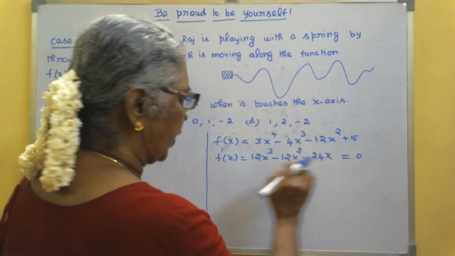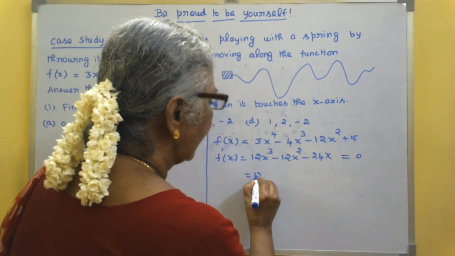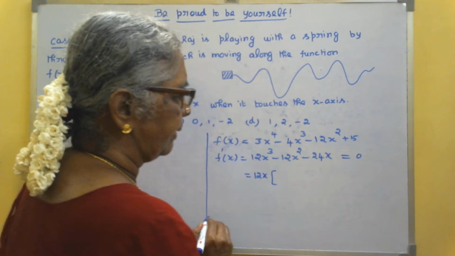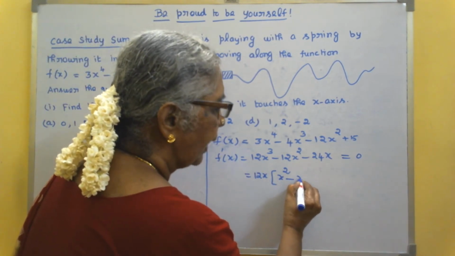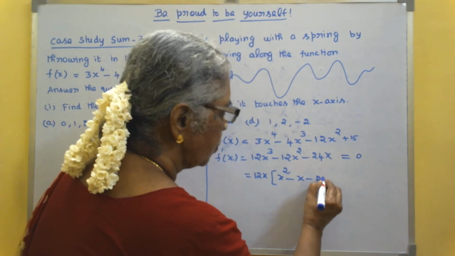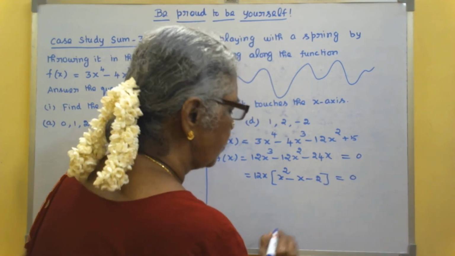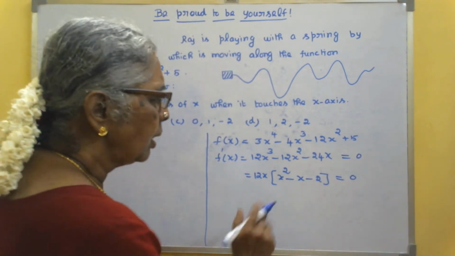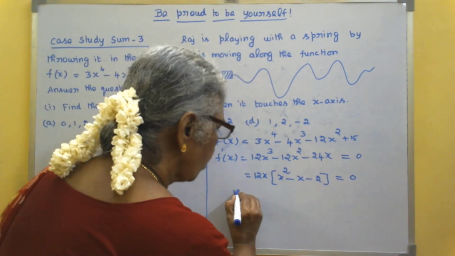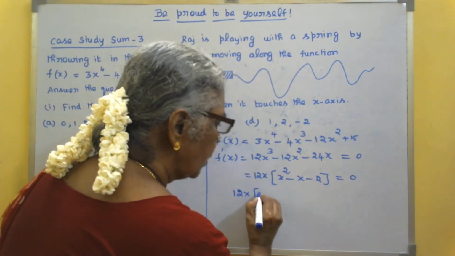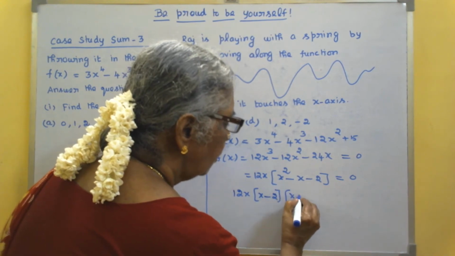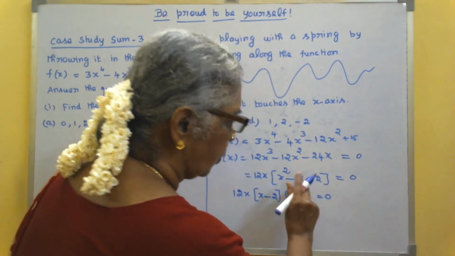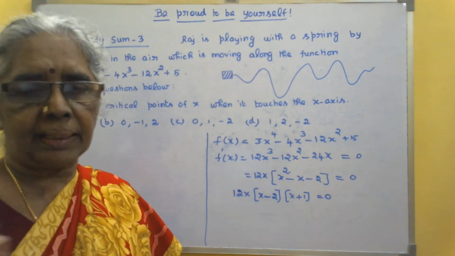So here you have 12x as common. I can take it. So I will be getting x squared minus x minus 2 equal to 0. Now this I can factorize. So I will be getting 12x into x minus 2 into x plus 1 equal to 0. It's a very simple factorization.